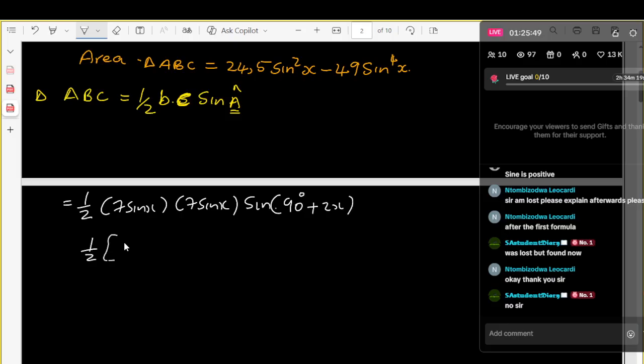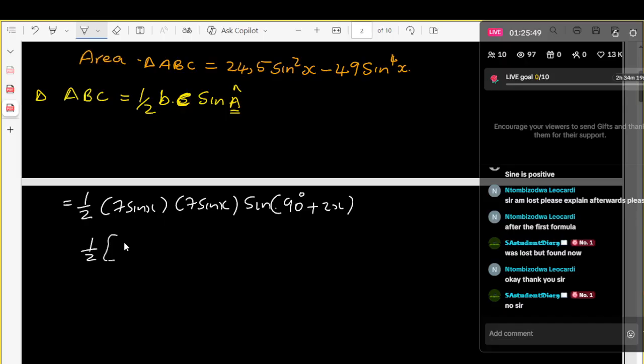So I can write this as 24.5 sine squared x, and inside the bracket this is 1 minus 2 sine squared x. Look at this. Are we close to the answer? Yes. We can just multiply out by that 24.5 sine squared x.